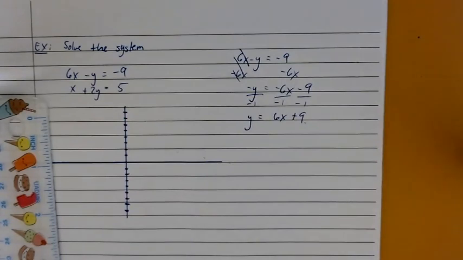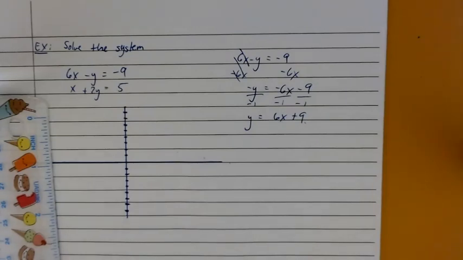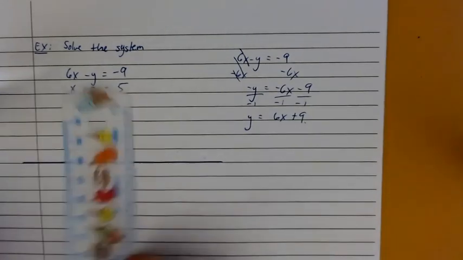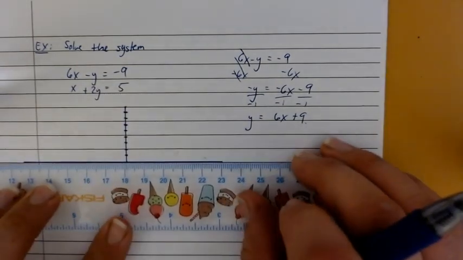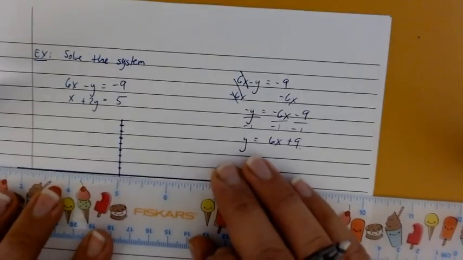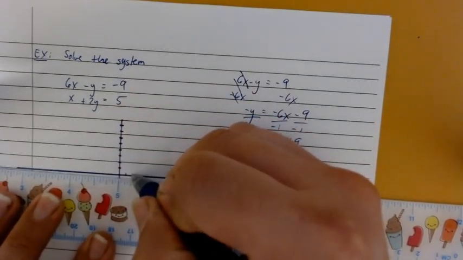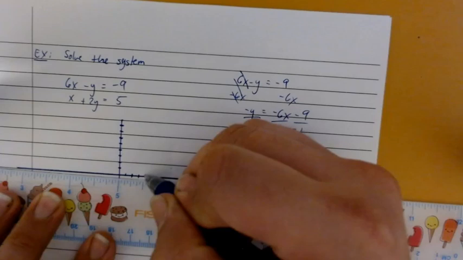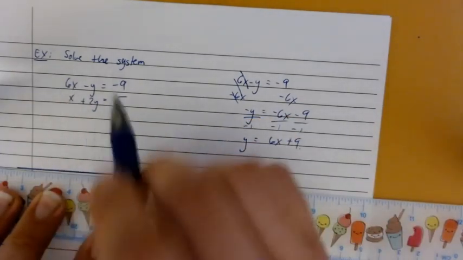If you don't make it at least reasonably accurate, at least reasonably well spaced out, it's going to be very difficult to find your result using the graph. This is another reason why we sometimes use the alternative techniques of the addition and substitution methods. However, the graphical method is a nice way to get started, and it is useful, especially when your equations are simple with nice whole numbers.